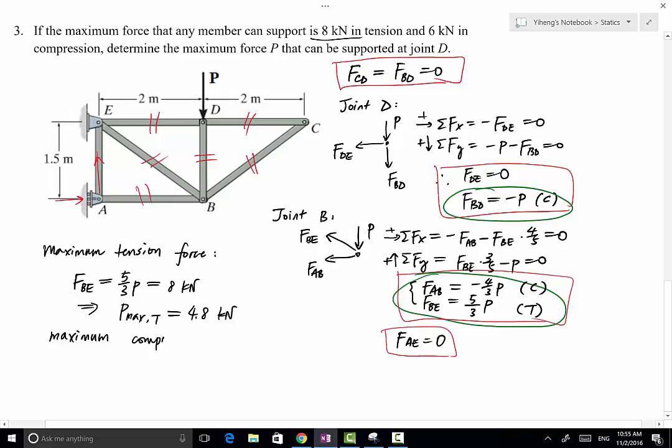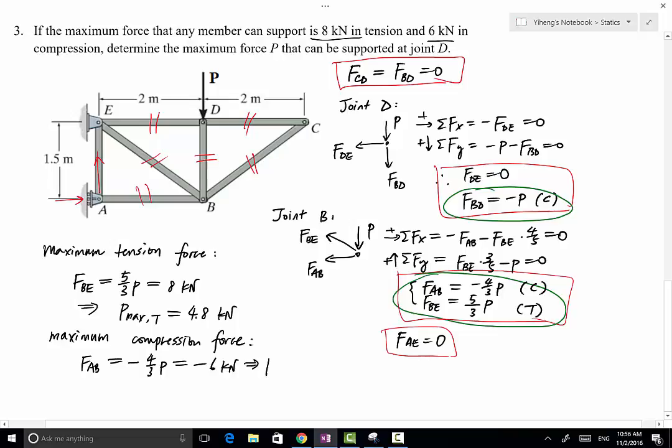But what is the maximum compression force in the truss members? We have two members that are in compression, FBD and FAB. But because FAB is larger, FAB is the maximum compressive force, which equals negative 4 over 3 P, which equals compressive 6 kilonewton force.